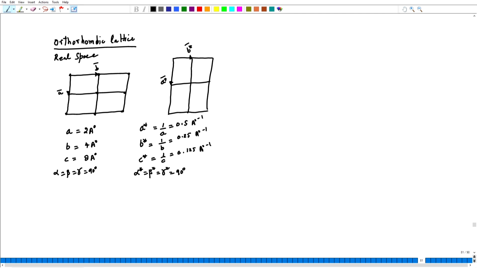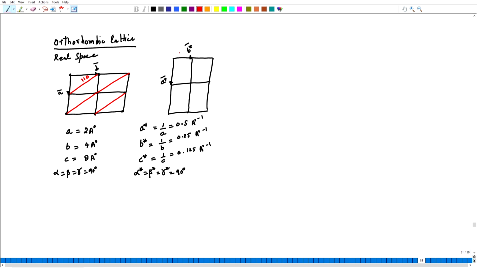Now, let us say that in real lattice space, I have this set of planes. This is a plane which has Miller indices 1, 1, 0. Now, in the reciprocal lattice, where is this set of planes being represented?